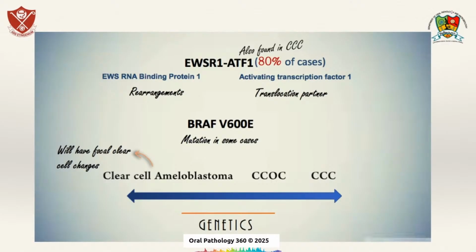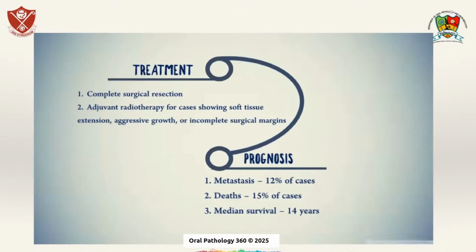BRAF V600E mutation can also be seen in some of these cases. So it's very important to know clear cell odontogenic carcinoma because it is aggressive, it has a high recurrence rate, and it has the potential to metastasize.